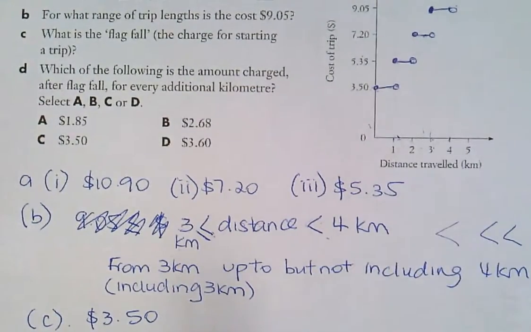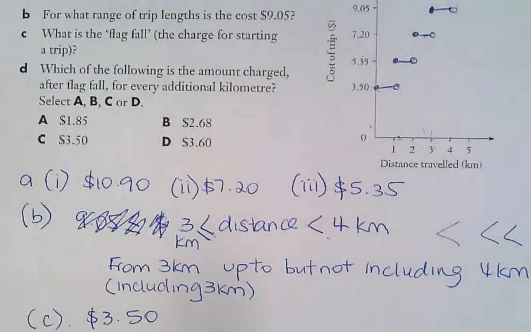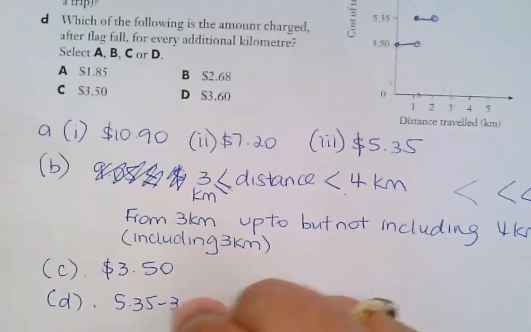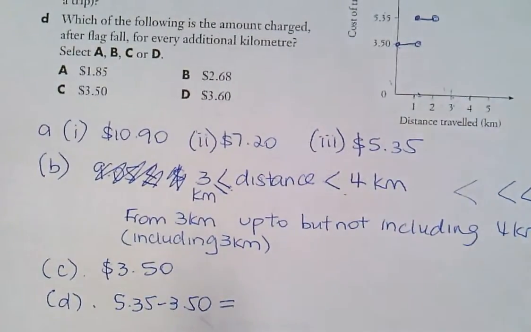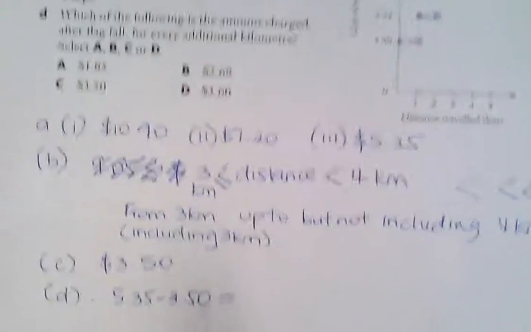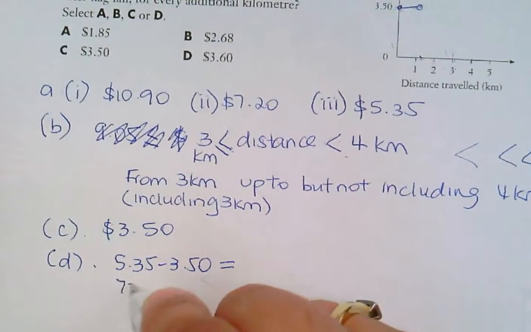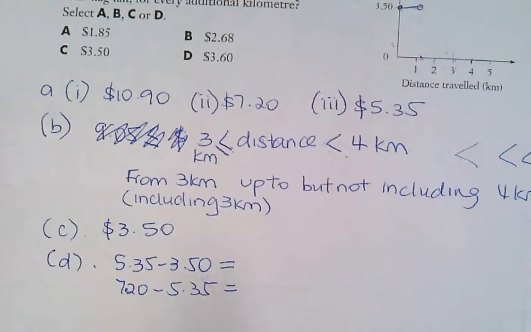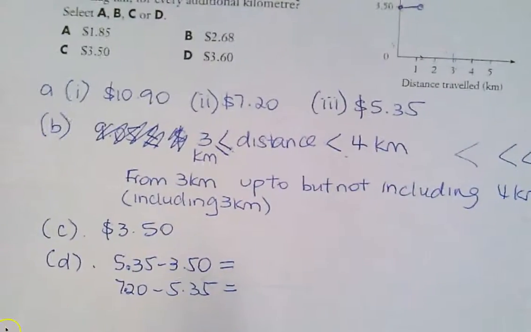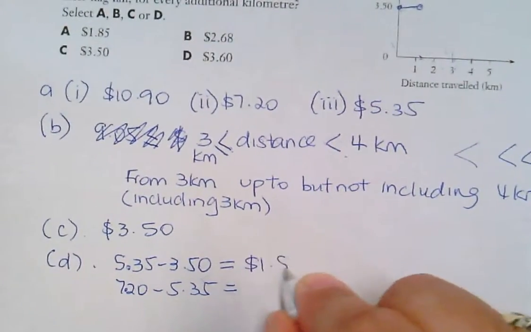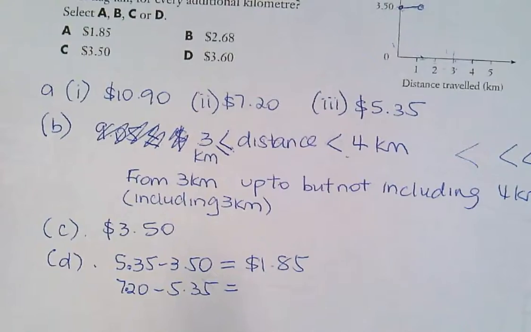I should subtract. We're going to do it a couple of times to make sure that we're okay. So we're going to go $5.35 minus $3.50. To make sure we're doing the right thing, we're going to check from $7.20 to $5.35 as well. What's $5.35 minus $3.50? Okay, $1.85.